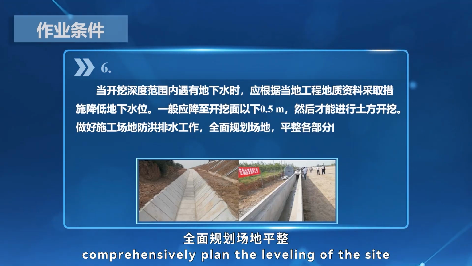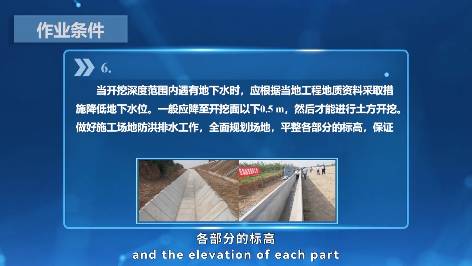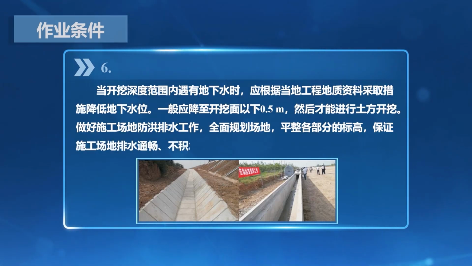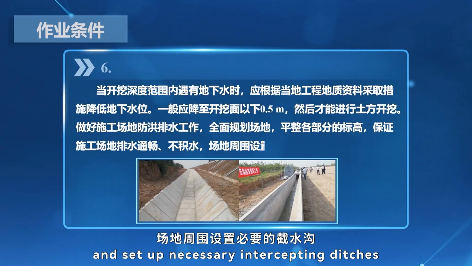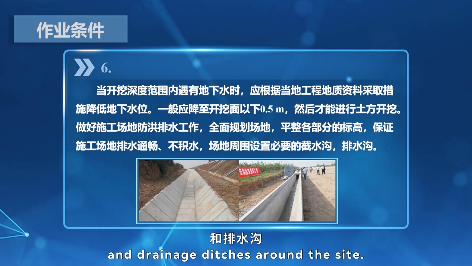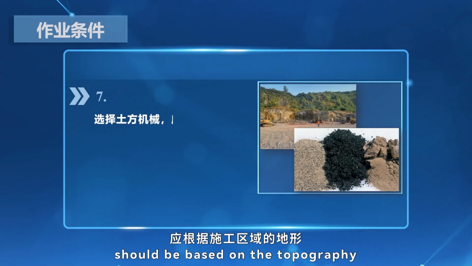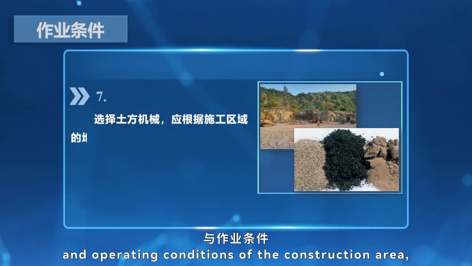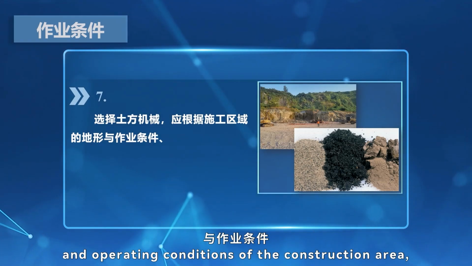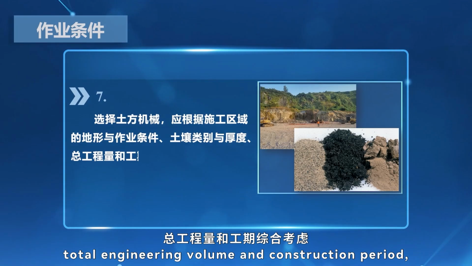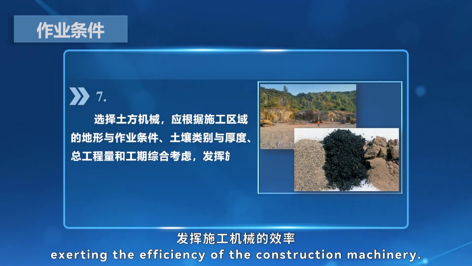Comprehensively plan the leveling of the site and the elevation of each part to ensure smooth drainage of the construction site without water accumulation, and set up necessary intercepting ditches and drainage ditches around the site. 7. The selection of earth-moving machinery should be based on the topography and operating conditions of the construction area, soil type, thickness, total engineering volume, and construction period, exerting the efficiency of the construction machinery.